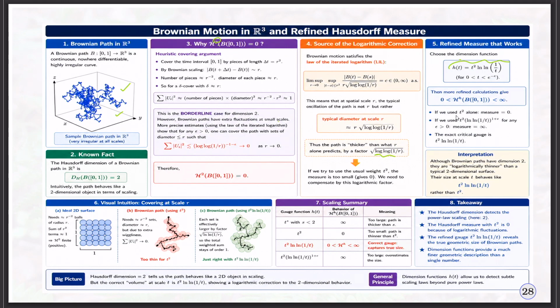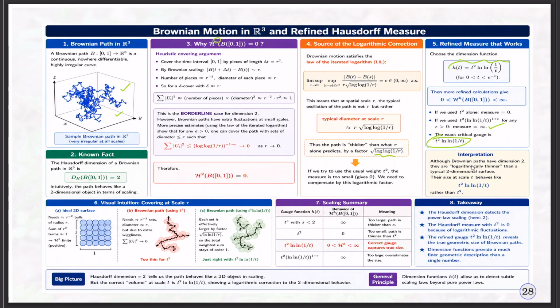If we used t^2 alone, the measure is 0. If we used t^2 (ln 1/t)^(1+ε) for any epsilon greater than 0, the measure is infinity. The exact critical case is t^2 ln(1/t).